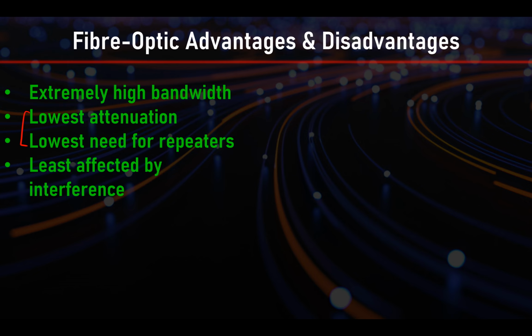If it attenuates at a high rate, then of course we need many repeaters, close together. It's also going to be the least affected by interference, right? That's why we can have hundreds of fiber optic tubes, the glass tubes, bundled into a single cable.